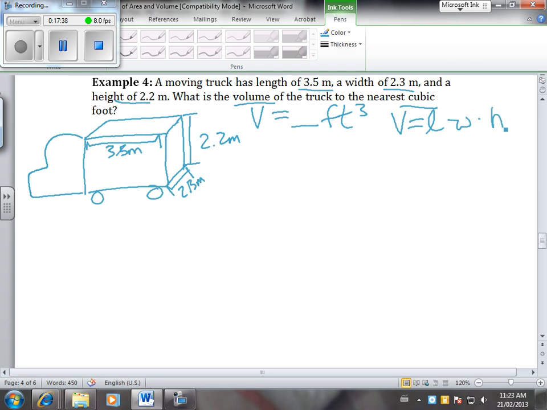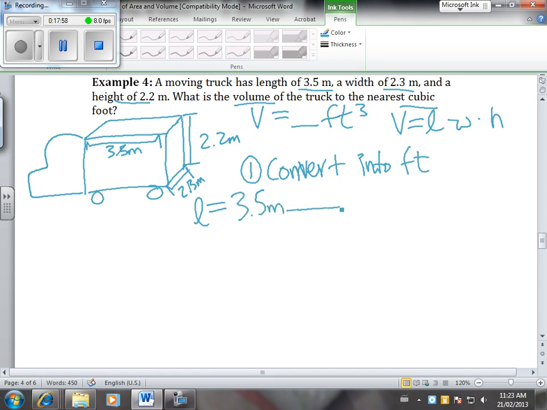Since we're in meters and we want to be in feet, first we have to convert everything into feet. So length, we have that it's 3.5 meters. And we know that in 1 foot, there are 0.3048 meters. My meters cancel out, end up with 11.483 feet.